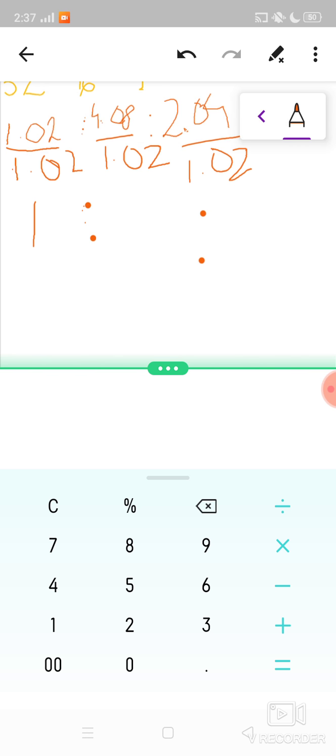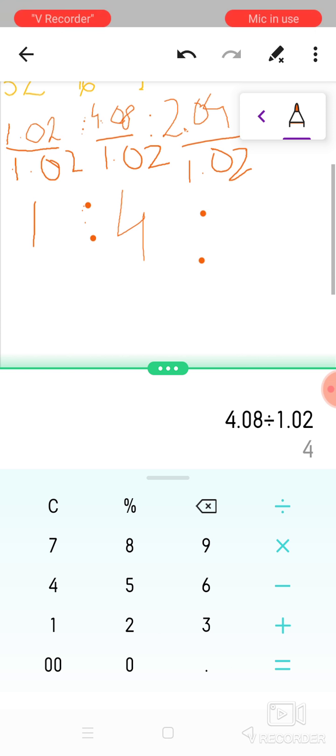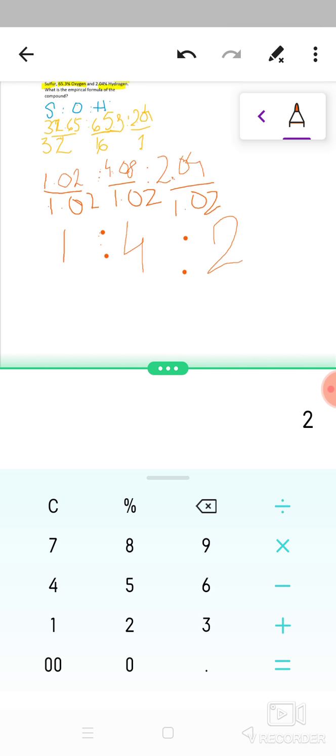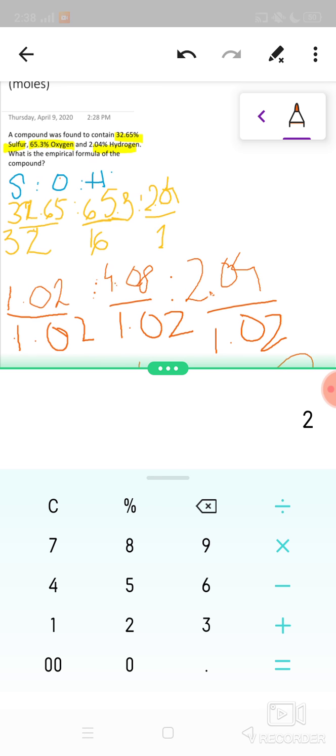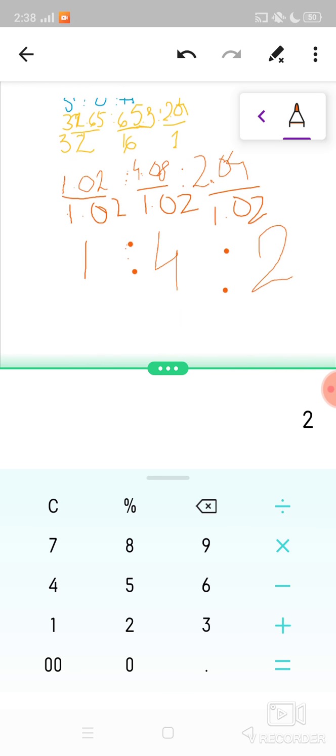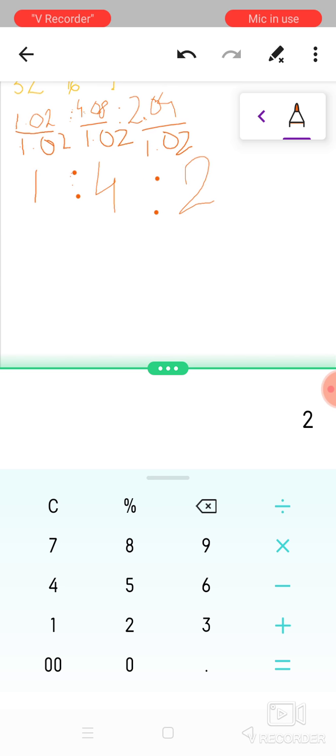4.08 divided by 1.02 is 4, and 2.04 divided by 1.02 is equal to 2. Really simple. So basically the ratio is 1:4:2. Now we go back to the question: sulfur is 1, O is 4 and H is 2.